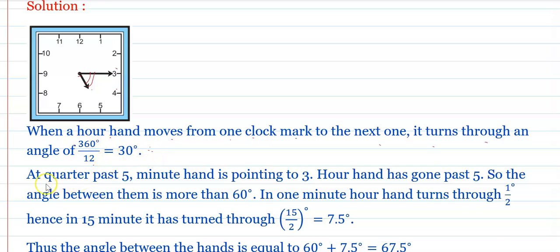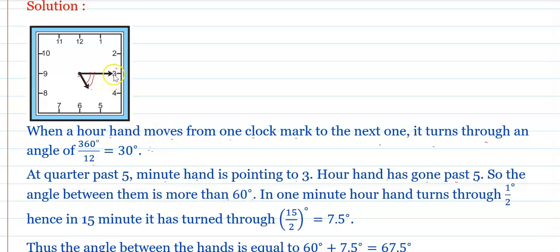Okay, at 5:15 the minute hand is pointing to 3. The hour hand has gone past 5. It will have gone ahead of 5, since it is a time after 5. So the angle between them is more than 60.